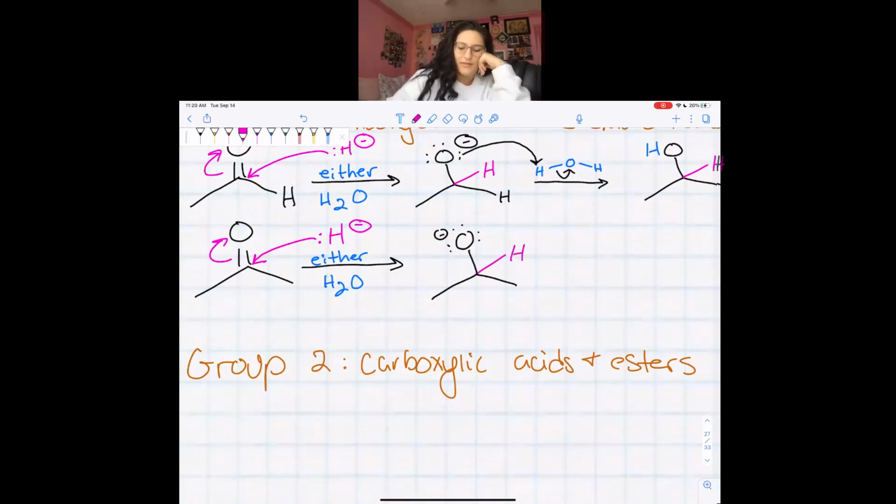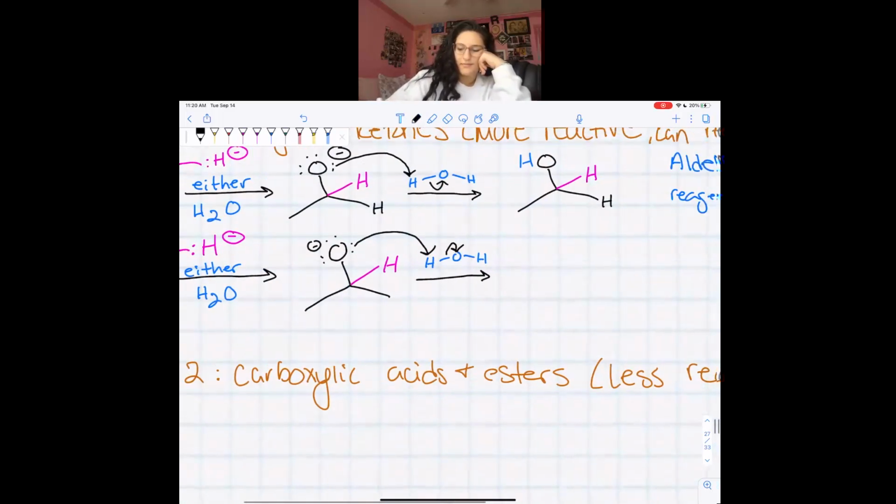At this point, there's nothing you can do besides protonate. So we have water present. The O is going to steal a hydrogen, and we get an alcohol yet again.